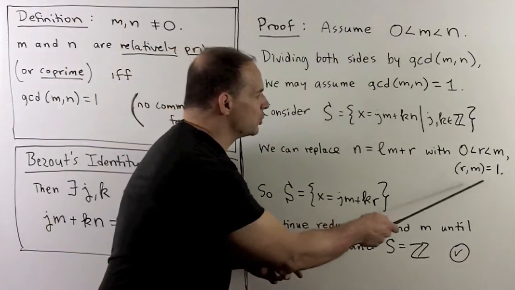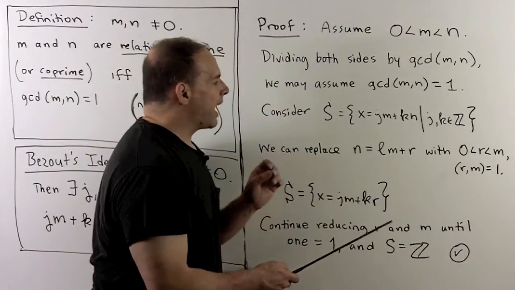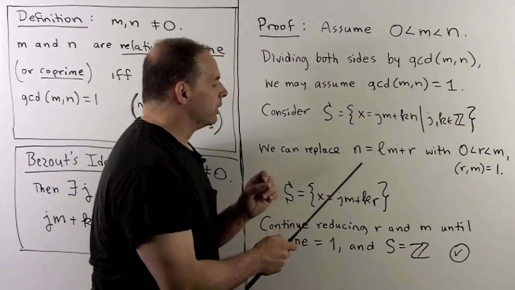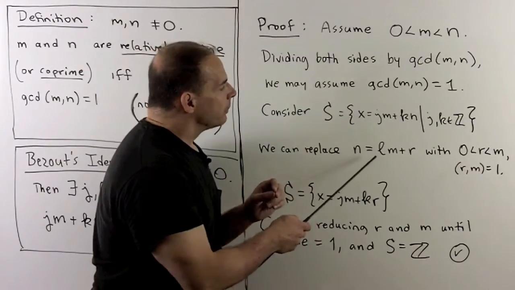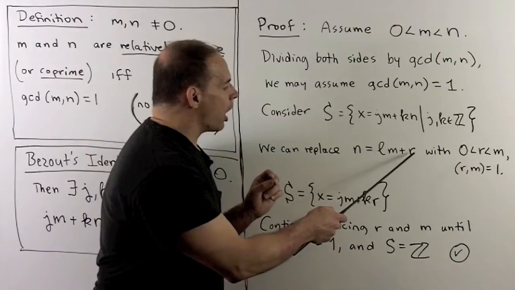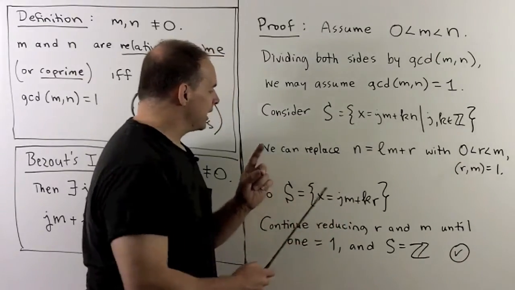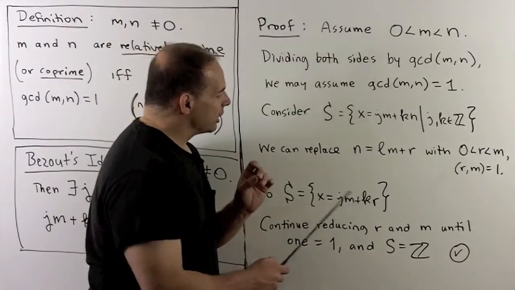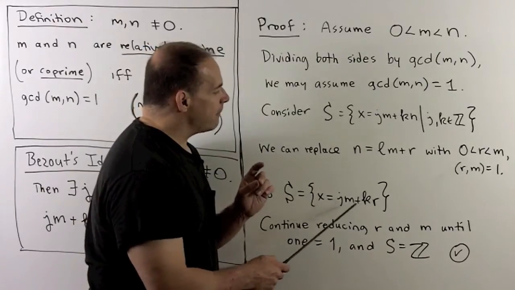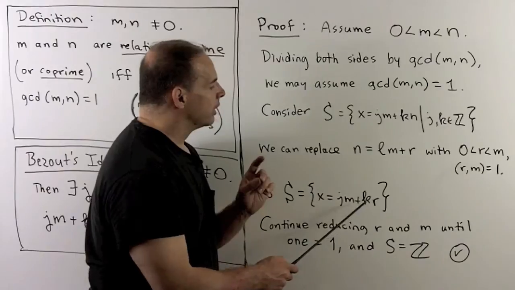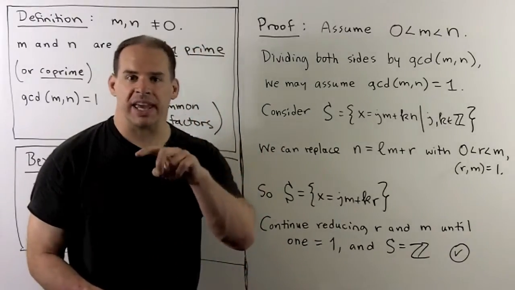Now you'll note the conditions we have here are the same that we have for m and n. So what we're going to do, I'll replace n with lm plus r. When we put it in here, I can collect all the m terms to get S represented as all combinations jm plus kr. Now we're going to repeat that process again.